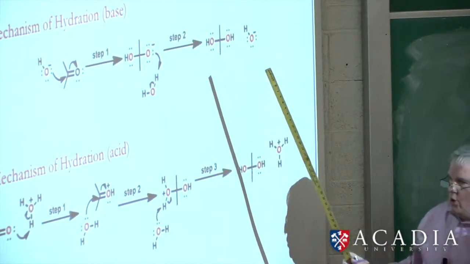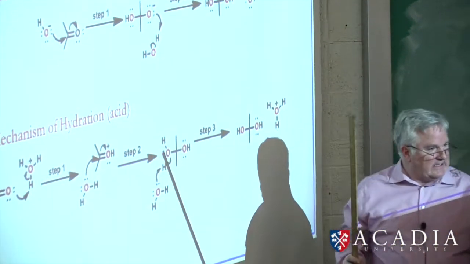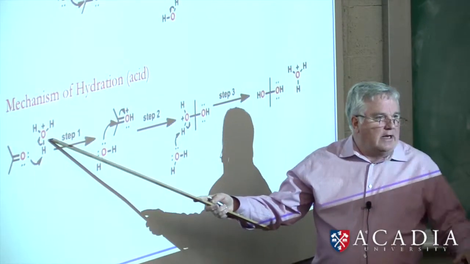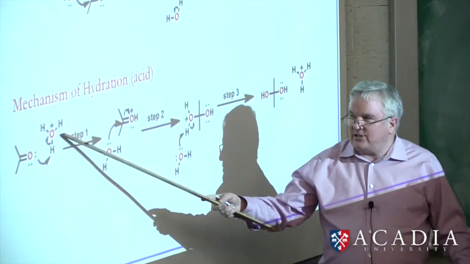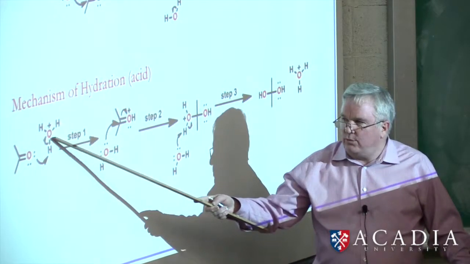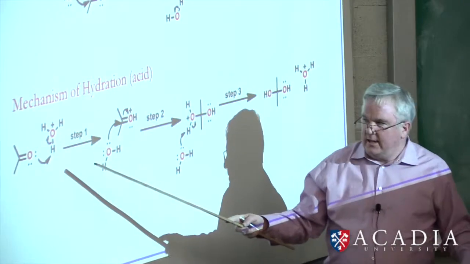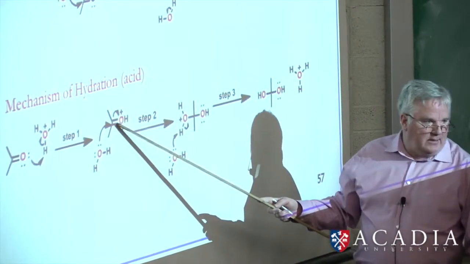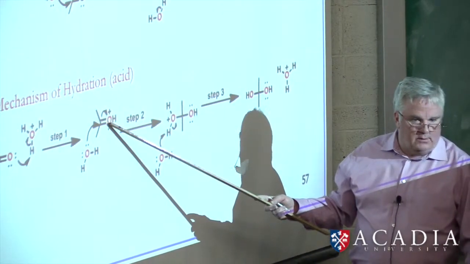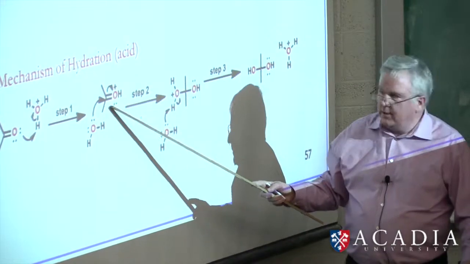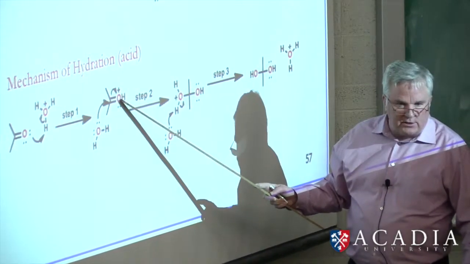We can also do this reaction under acidic conditions, in which case we throw some acid in there, and in aqueous solution, the proton carrier will be this hydronium ion. It will just protonate the carbonyl oxygen to activate our carbonyl carbon. So the first step is the activation of the carbonyl carbon by protonation on the oxygen.